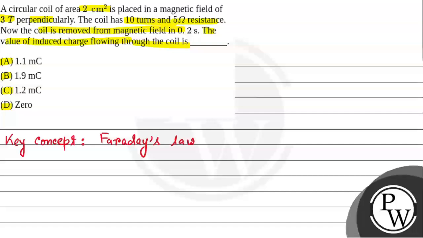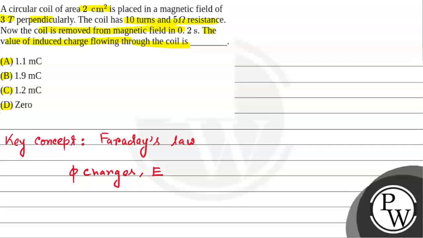According to Faraday's law, whenever magnetic flux linked with a circuit changes, an induced EMF is produced. Magnetic flux is represented by phi, and whenever this phi changes, an EMF is induced in the circuit. Let's say the induced EMF is capital E.